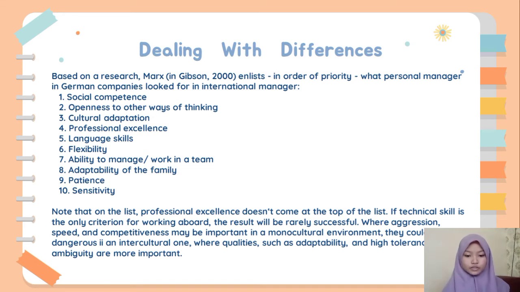Professional excellence, 5. Language skills, 6. Flexibility, 7. Ability to manage or work in a team, 8. Adaptability of the family, 9. Patience, 10. Sensitivity. Note that on the list, professional excellence doesn't come at the top.